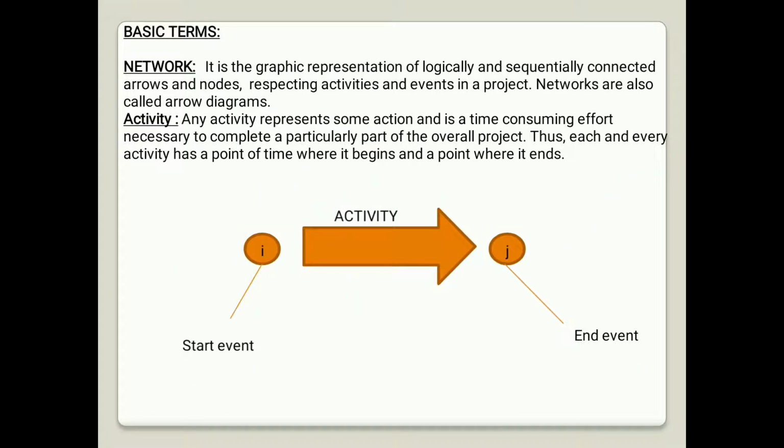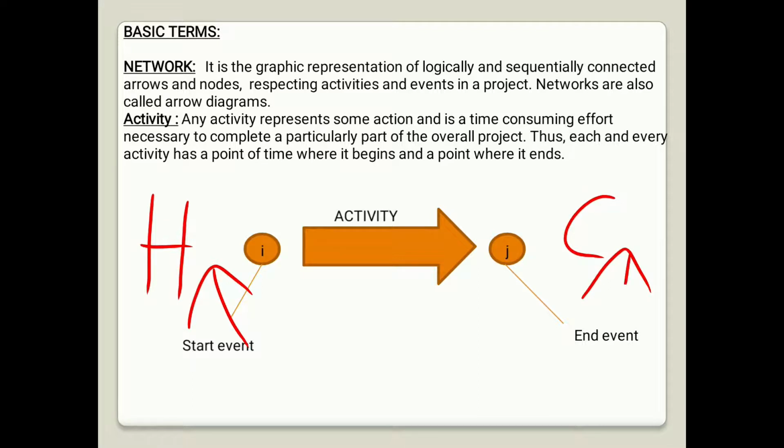Before knowing what is meant by activity, let's have an example. Suppose we wanted to go from home to college. Now home is the start event and college is the end event.